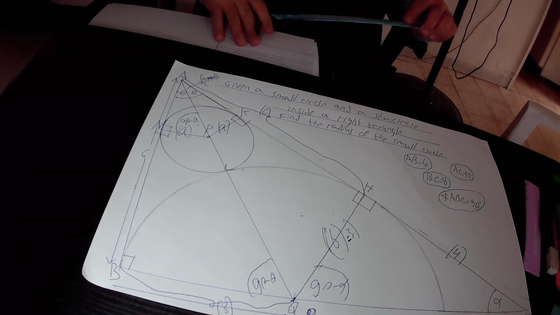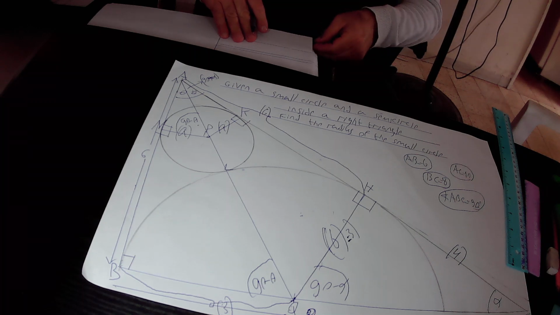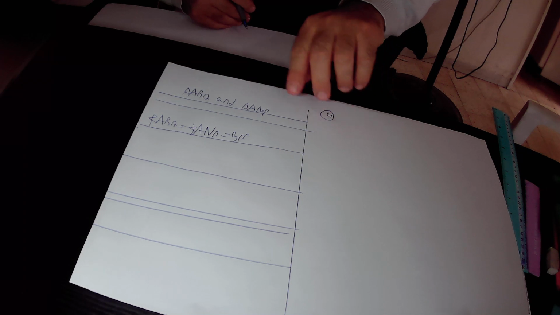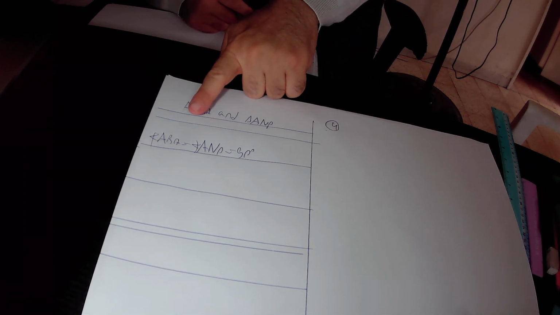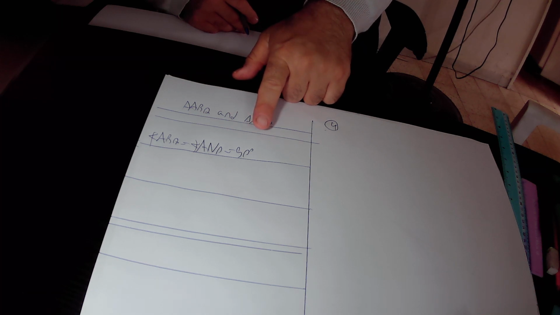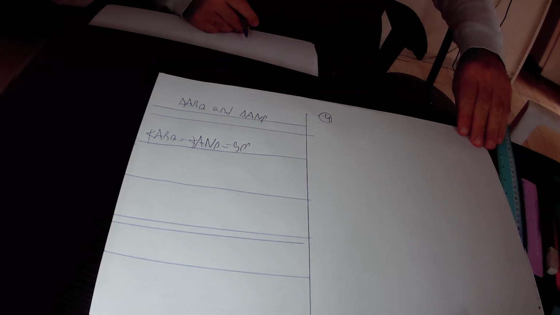Repeat again, angle ABQ in the big right triangle ABQ equals angle ANP in the small right triangle APN. They are both equal to 90 degrees, therefore they are equal to each other.